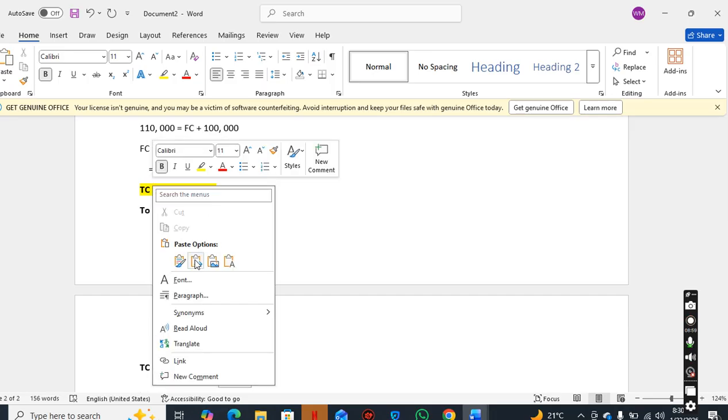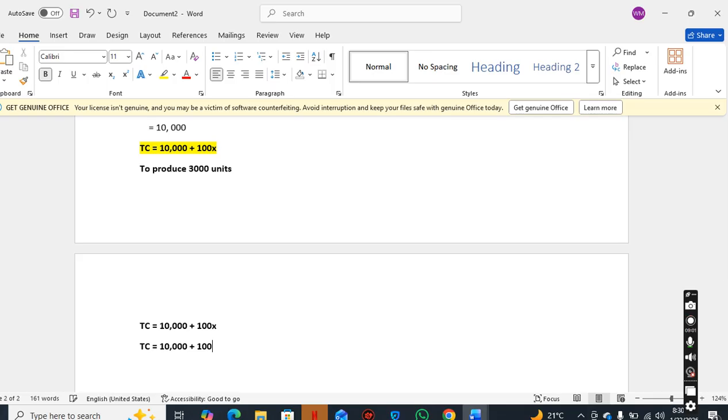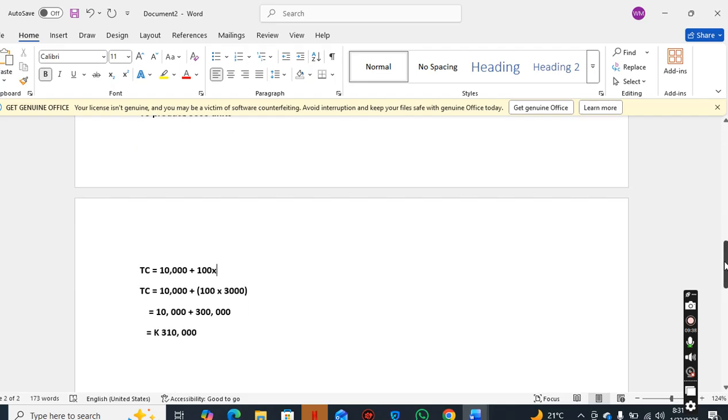Where there's x, just substitute it with 3,000. 10,000 plus 100 times 3,000, you get 300,000. 300,000 plus 10,000, we get 310,000. So that's how much it's going to cost to produce the 3,000 units.